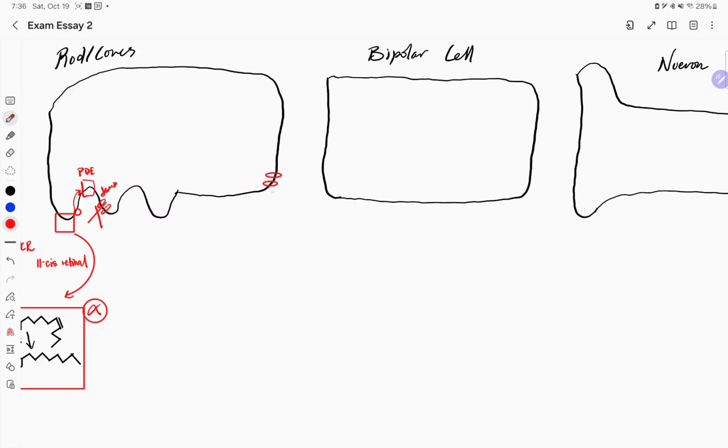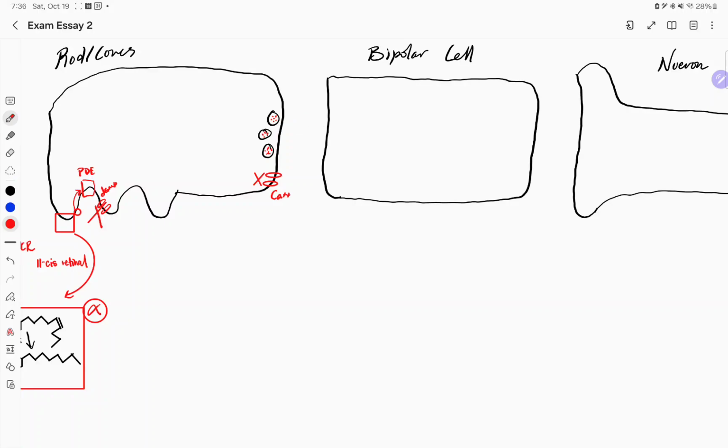And if that's the case, you have a calcium channel here that is not being opened. And if that calcium channel cannot open, then these vesicles along these photoreceptors cannot be released into the cleft between the photoreceptor and the bipolar cell.